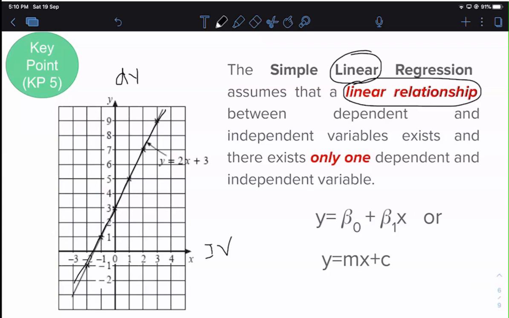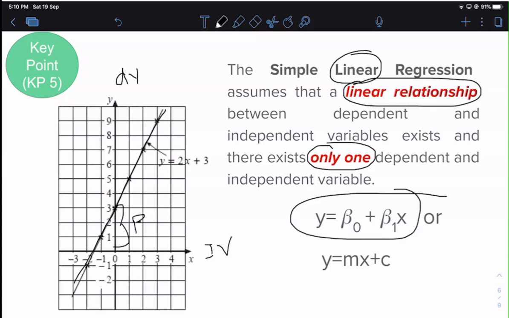And in case of the simple linear regression, the number of dependent and independent variables is only 1, and the functional form that it assumes is like this: y equal to beta 0 plus beta 1 x, where beta 0 is called the y-intercept and beta 1 is called the slope.